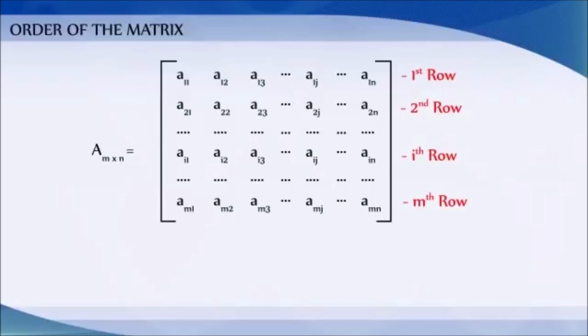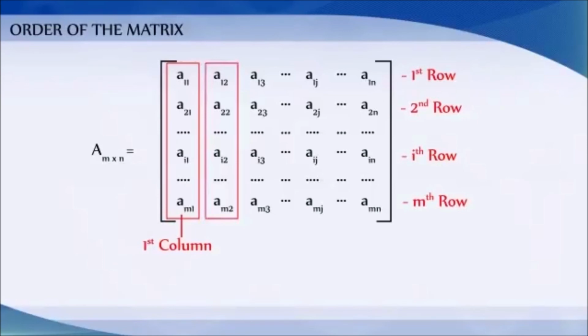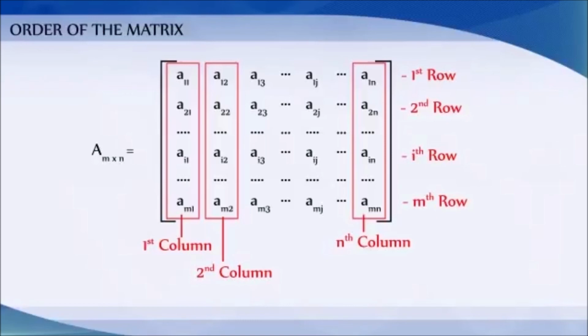Similarly, columns: A11, A21, A31, etc., Ai1, etc., Am1 as the first column, and A12, A22, A32, etc., Ai2, etc., Am2 as the second column. Continuing like this, the nth column will be A1n, A2n, A3n, etc.